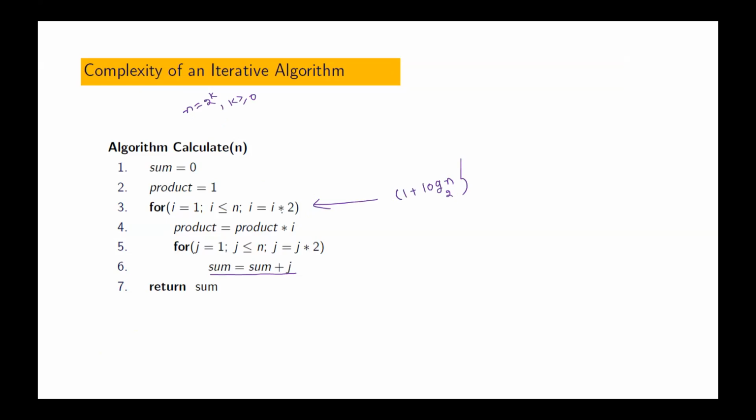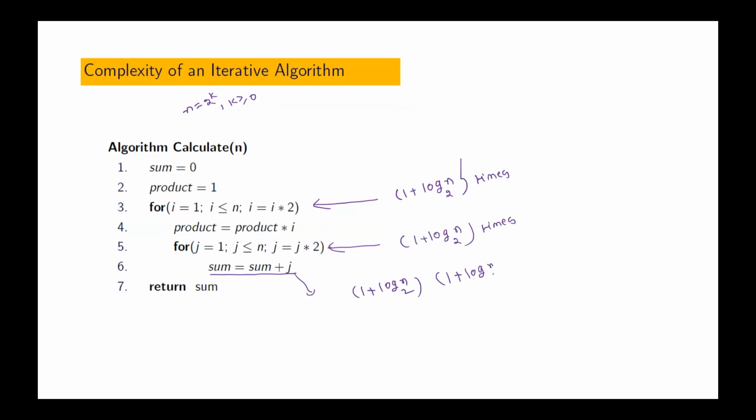How many times is this repeated? This is also 1 plus log n base 2 times, no? Overall, how many times is it repeated? 1 plus log n base 2, into 1 plus log n base 2.